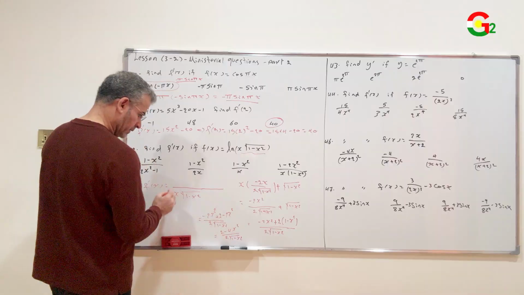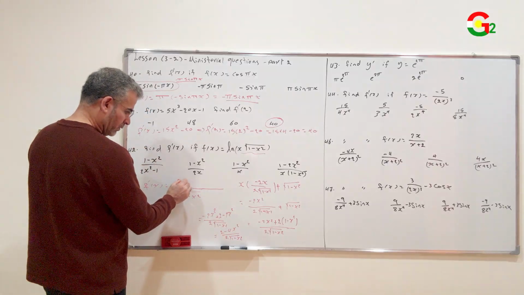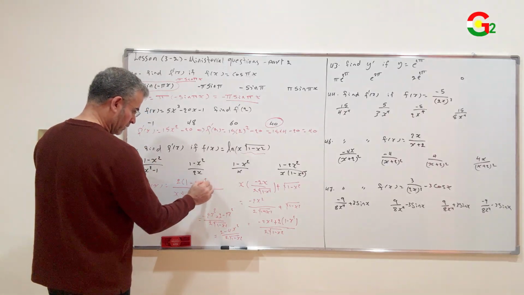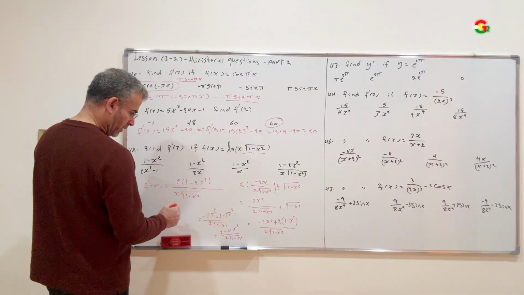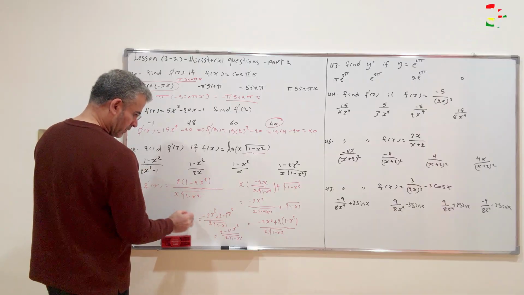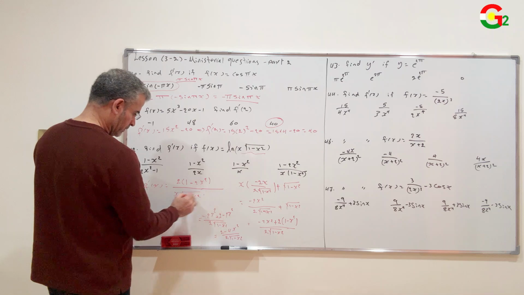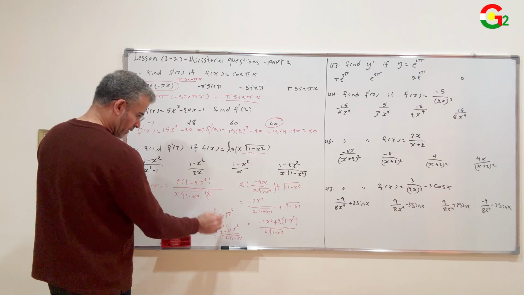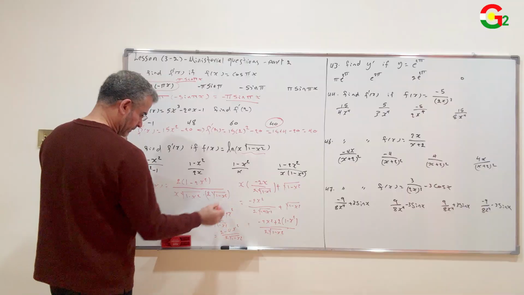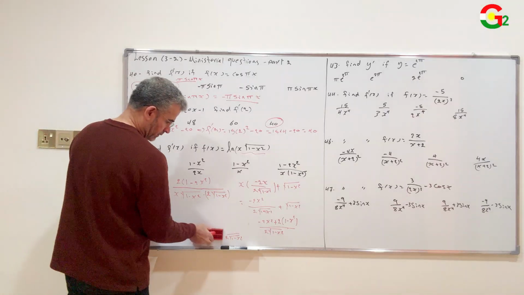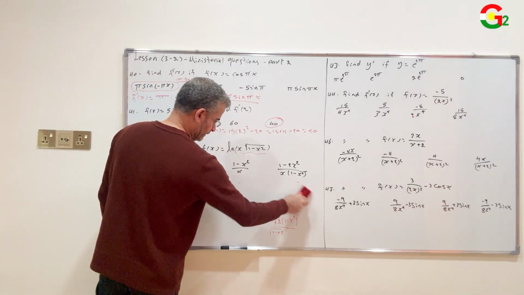Put it here. Factorize by 2, 1 minus 2x square over 2 square root 1 minus x square. Delete this.